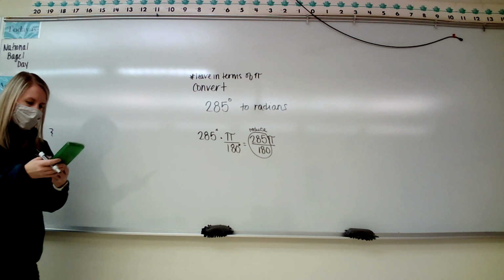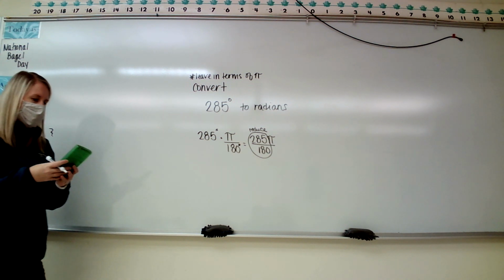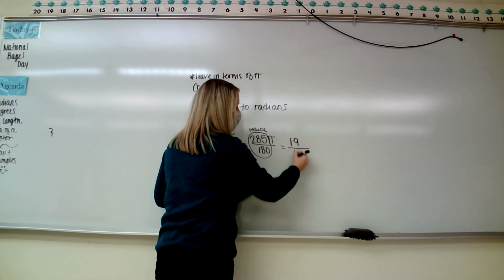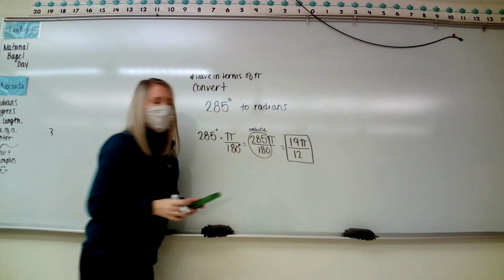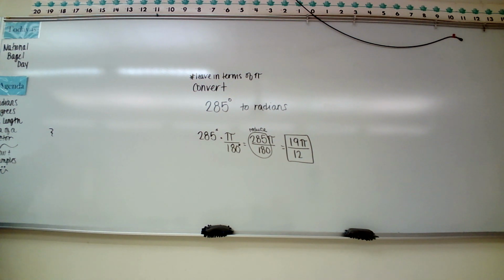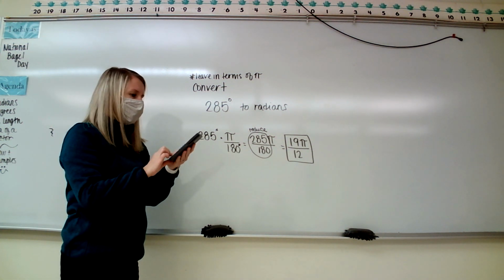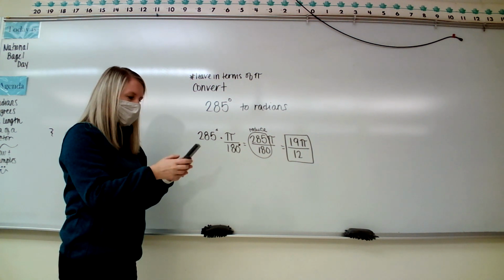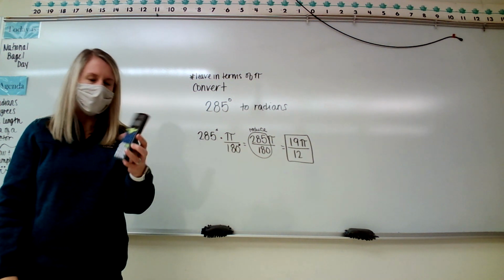Don't put pi in the calculator. So I grab my calculator, I do 285 over 180 and reduce it. That comes out to 19 over 12, and then I just put my pi with my answer. If you're using the good old TI, when I do 285, use that fraction button, that little ABC button, 180, it comes out to 1 7/12.